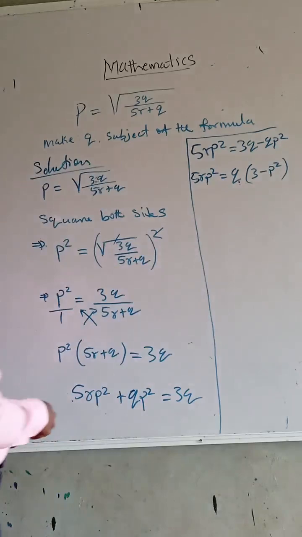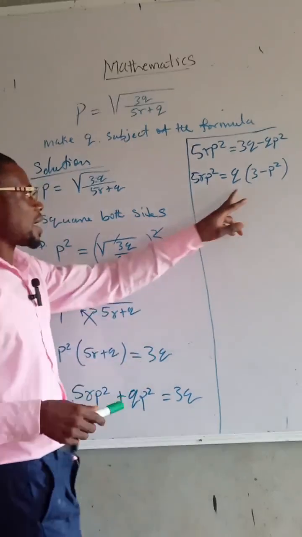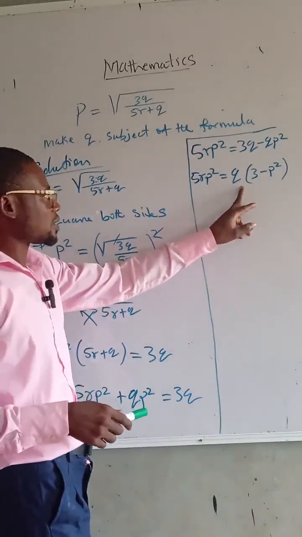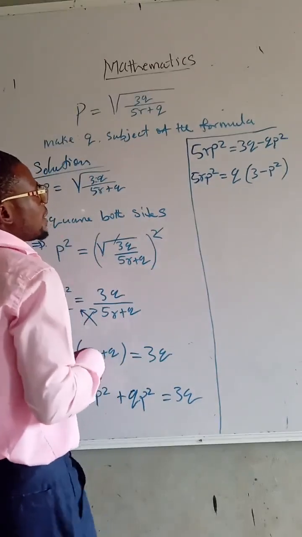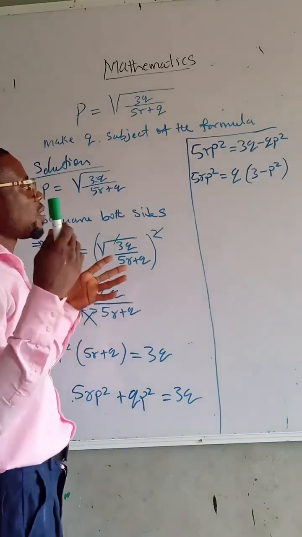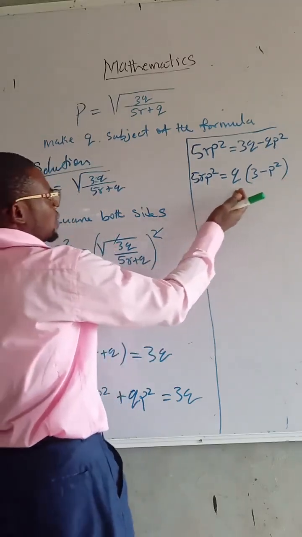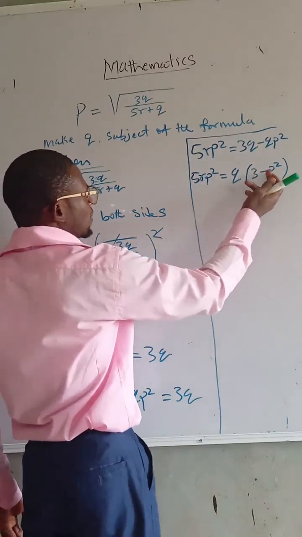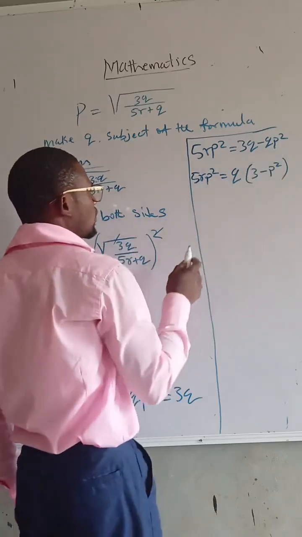Do you get it now? So now q has finally stood by itself. So we can divide both sides by the coefficient of q. What is the coefficient of q? 3 minus p squared is the coefficient of q.